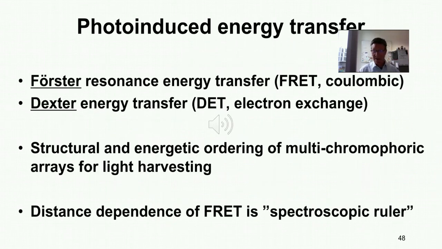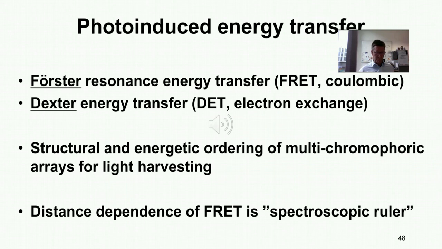One more thing. We have seen that there are two theoretical frameworks that we can apply to energy transfer: the Coulomb-based Förster mechanism and the one of Dexter, applying double electron transfer. If we can attain structural and energetic alignment in photostable materials, we can use the energy transfer process.